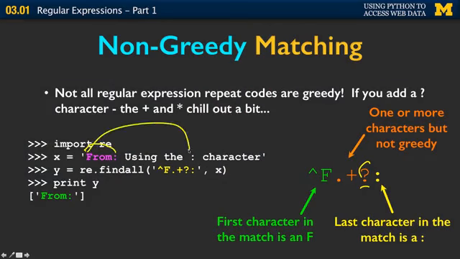Well, non-greedy matching says prefer this one. That's the one we want, because don't go as far as you can. And sometimes that's really important. Okay? So that gives us kind of a start. We'll continue in a moment on regular expressions.